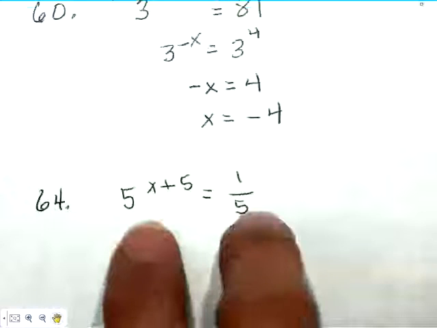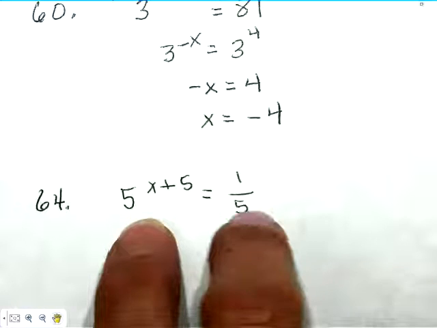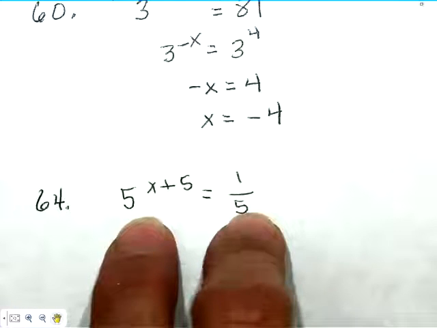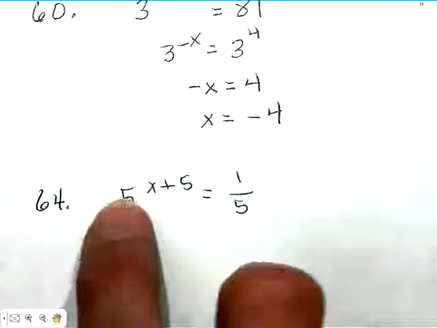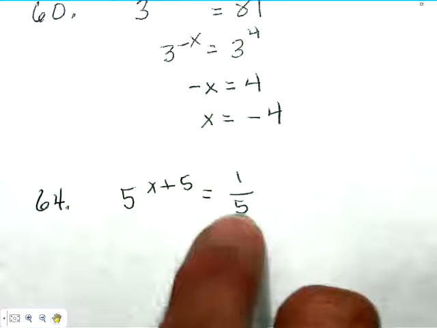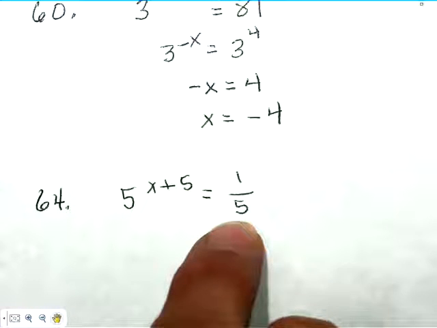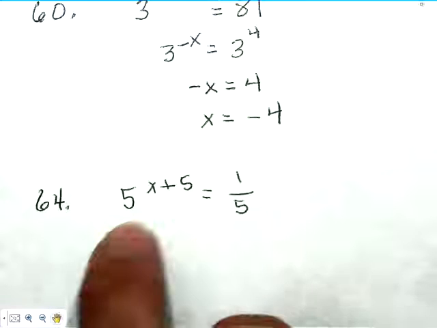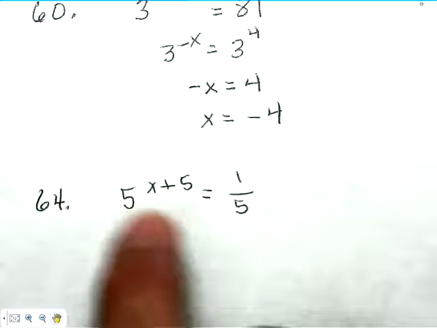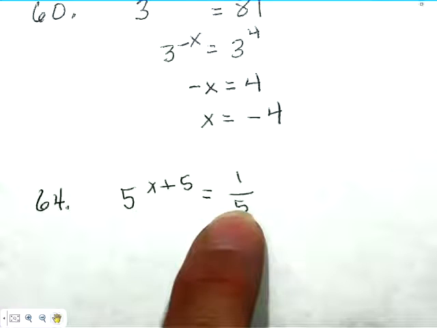If I know that's my goal on number 64, what base do you think would be simplest to use, base 5 or base 1/5? I like to make things as simple as possible. I already can count by powers of 5 better than I can count by powers of 1/5, so this is the one I want to change.